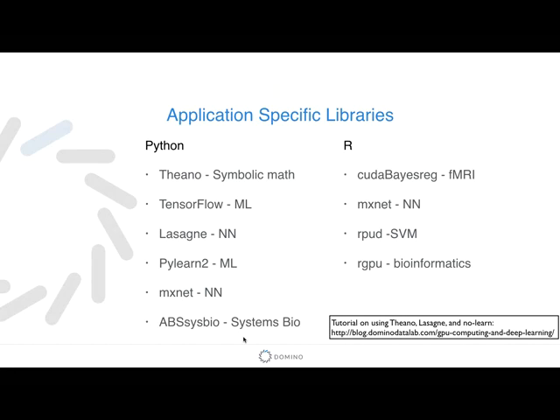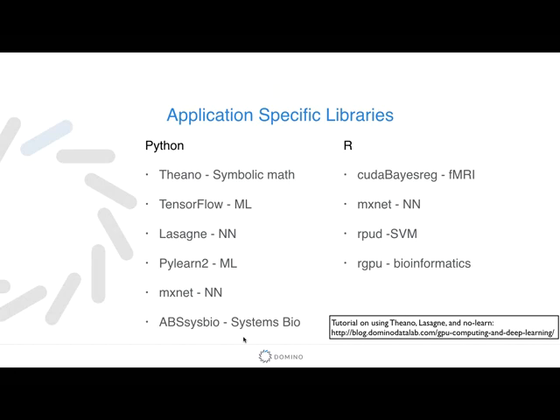And then very much more specific things that will accelerate specifically neural networks. That deep learning example, there's really a push to put those on a GPU. And then again, other very specific libraries like ABS, SysBio, which is for systems biology analysis.